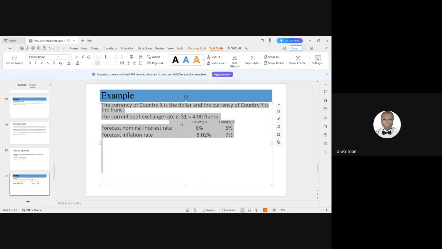You solve for interest rate parity, you solve for purchasing power parity, and you solve for the real money value using the Fisher's formula. So that is why I don't want to waste my time on this.